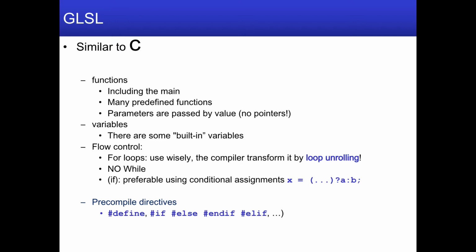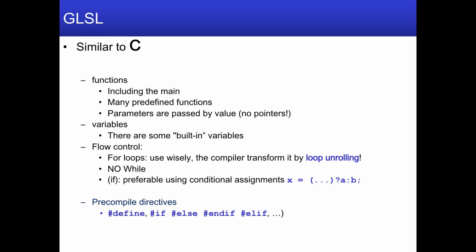Okay, so how do you program shaders? Essentially, there is a programming language that the GPU supports, which is called GLSL, which stands for graphics library shading language. I always call it GLSL, but I don't remember what it stands for.